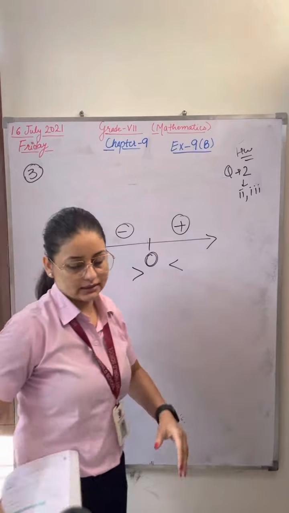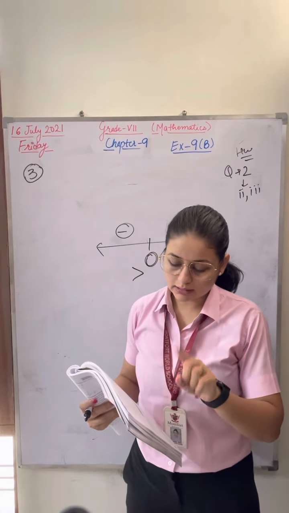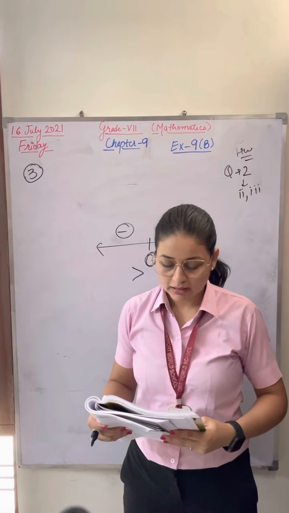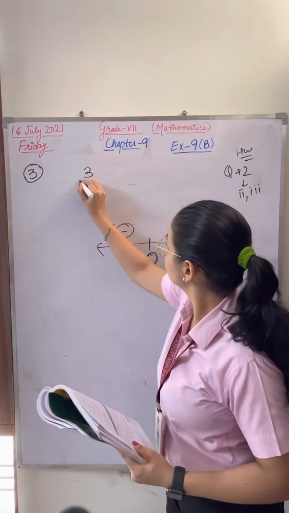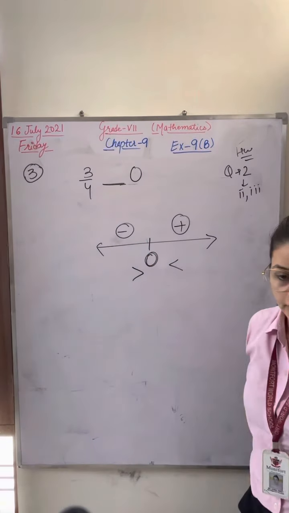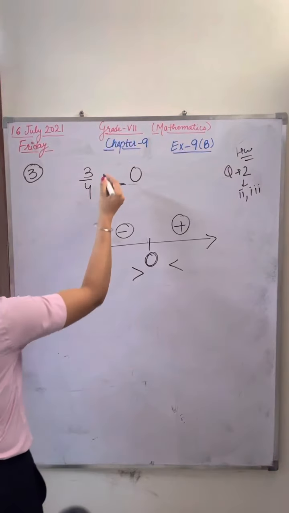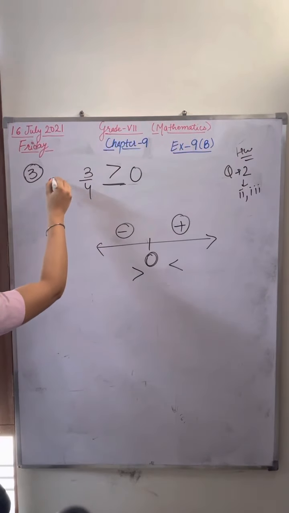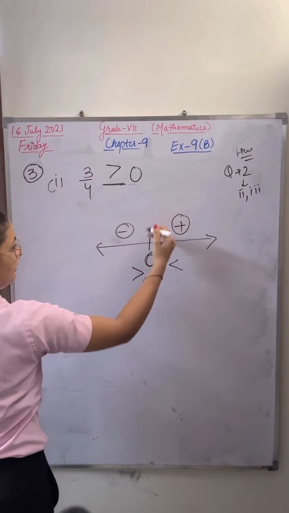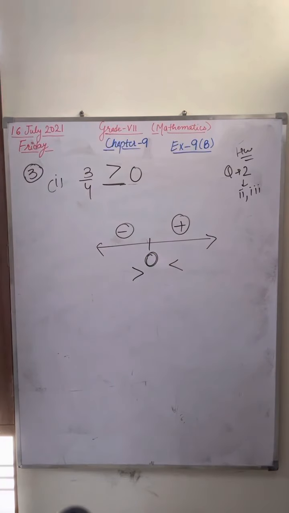Now I am asking you. Please tell me the answer of the third question, first part. 3 by 4 and 0 is given. Which is bigger? 3 by 4 is bigger, obviously, because a positive value will be bigger than 0. Very good.